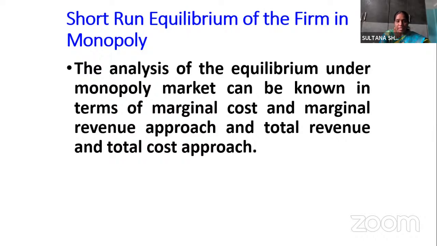For example, when marginal cost and marginal revenue are the same, say cost is 50 and revenue is also 50, then we can say it is equilibrium. When demand and supply are both the same, that condition is equilibrium. Now, short-run equilibrium in monopoly we can know with two approaches. One is the marginal cost and marginal revenue approach, and another is the total revenue and total cost approach.